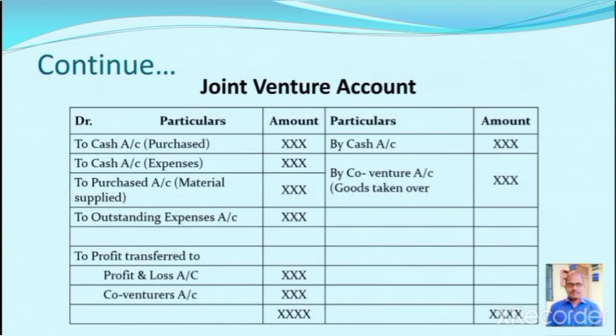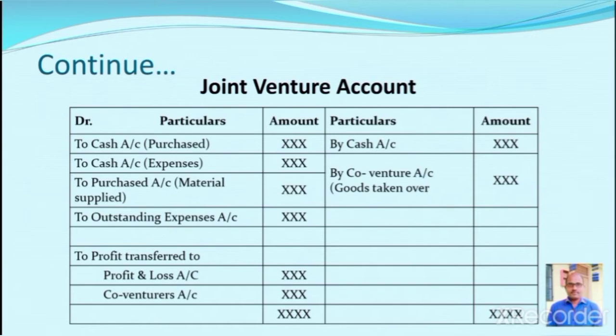So you can see the format of the joint venture account here. We are debiting the cash account in the joint venture account for the purchases and expenses incurred by the co-venturer, and the purchase account is debited for the material supplied, and outstanding expenses is also debited for the expenses which are outstanding. Then cash account is credited for sales proceeds.